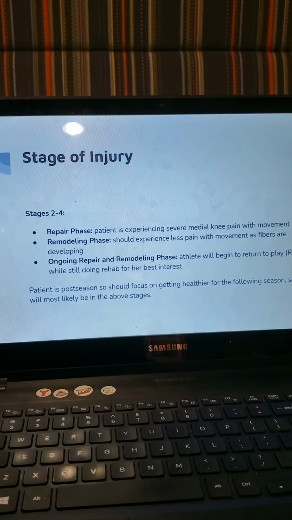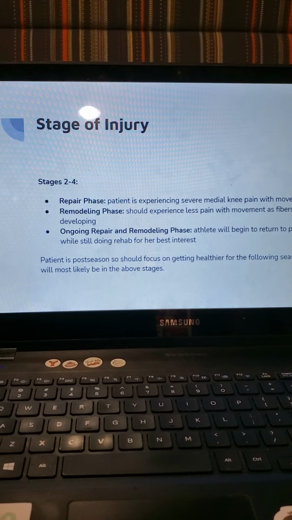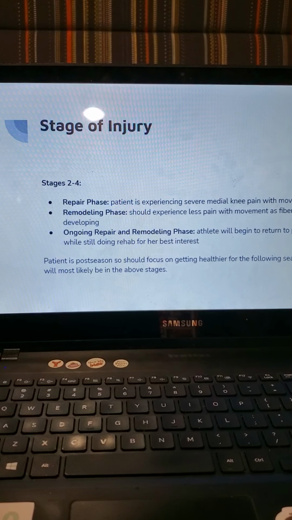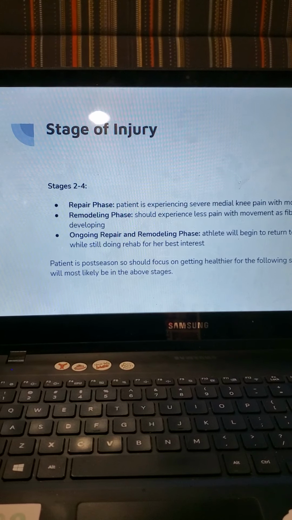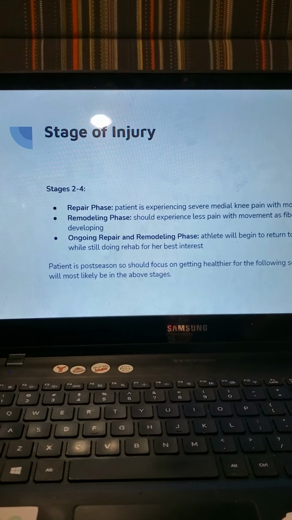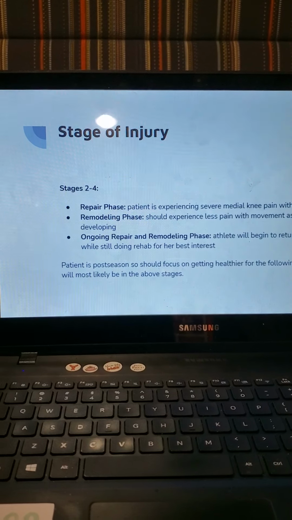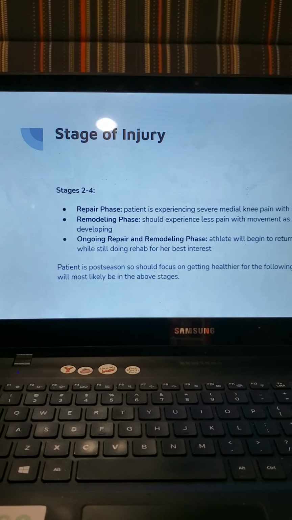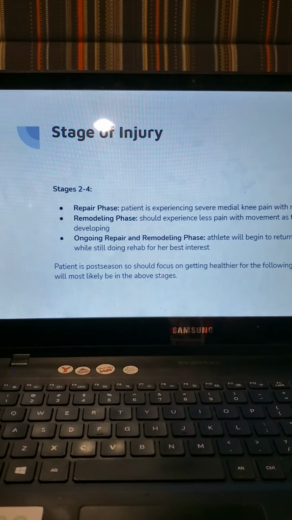Since this athlete is postseason, we thought that the stages would be the second through the final stage. The second stage is the repair phase, where the patient still has swelling and is experiencing pain, which she is on the medial side of her knee during movement.